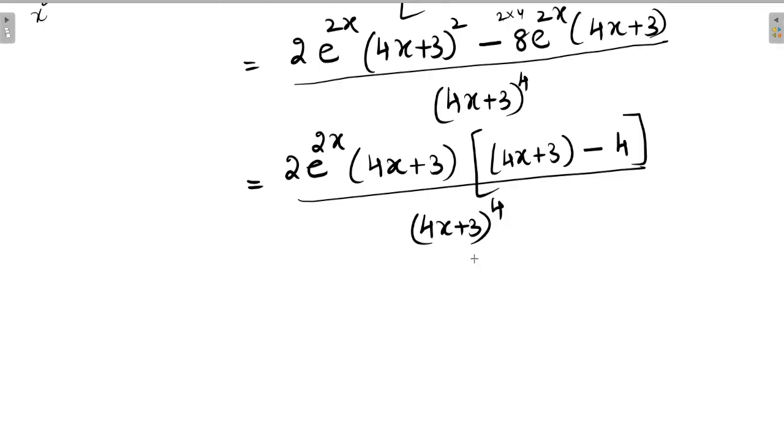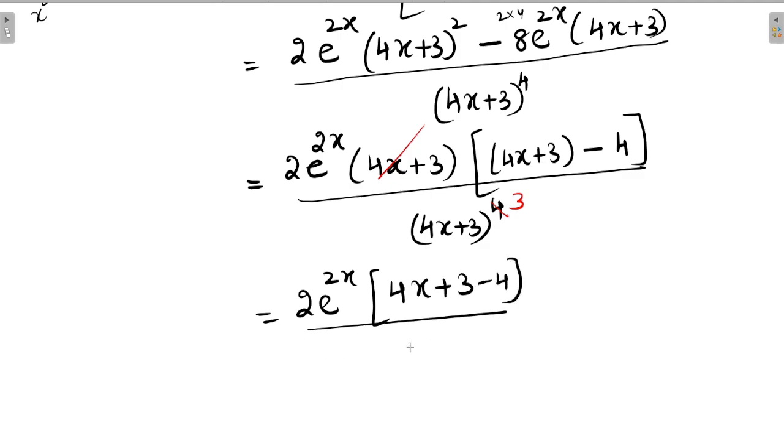One of the factor is common. We can cancel as numerator and denominator 4x plus 3, 4x plus 3. So this denominator is going to be 3. This can be cancelled. So the final factors are 2 times e power 2x, 4x plus 3 minus 4 divided by 4x plus 3 whole power 3.